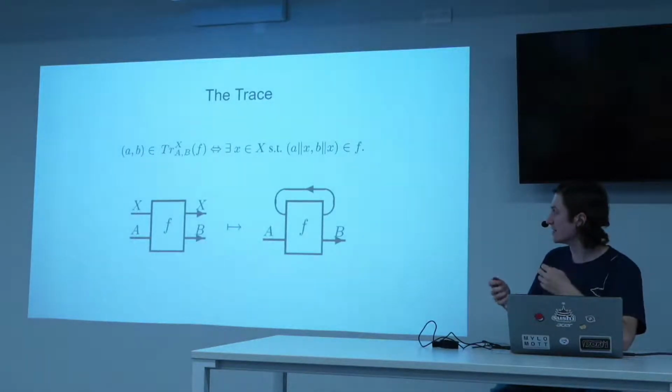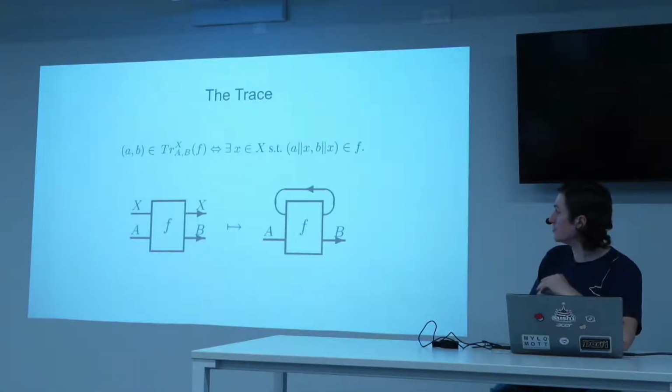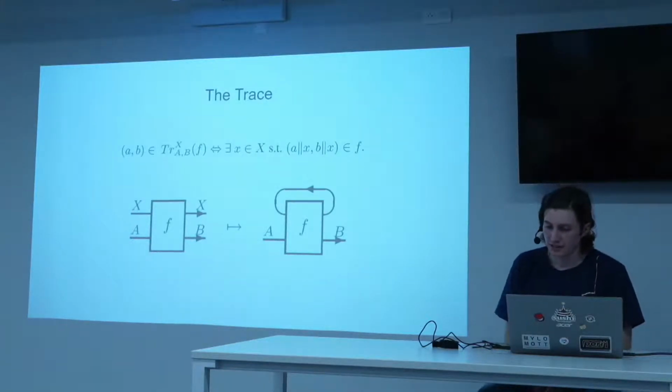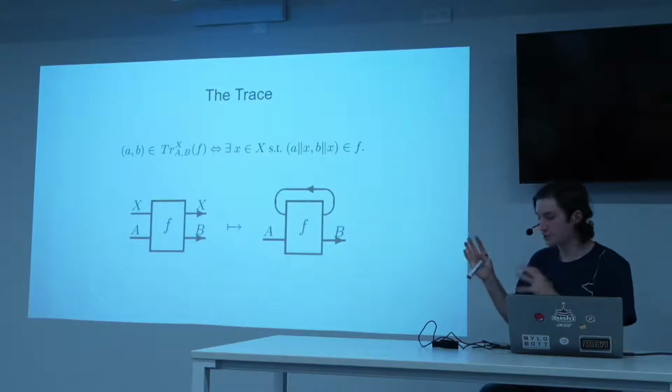So we say that the input-output pair AB is in the trace of the function if and only if there is a variable X in the trace line such that in your original function you have that A glued to X and B glued to X exists in F. So in a sense, you can view the trace as taking away information from the original function.